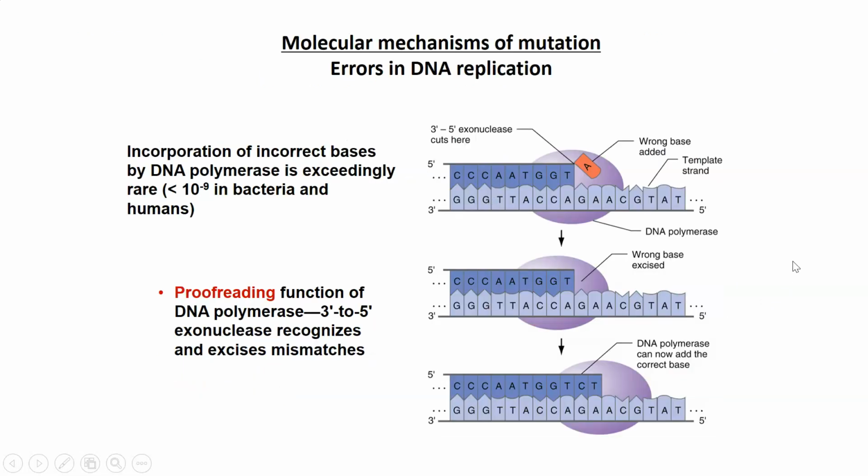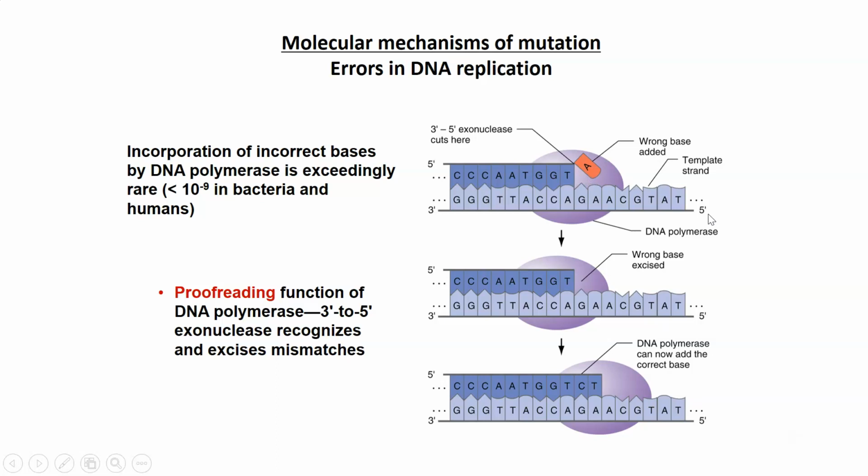All right, so one other mechanism of spontaneous mutation is errors occurring during DNA replication. These are extremely rare, and DNA polymerase does occasionally put in the wrong base opposite the template base. So if this is a G, DNA polymerase would normally incorporate a C. In this case, it's showing an A being incorporated.